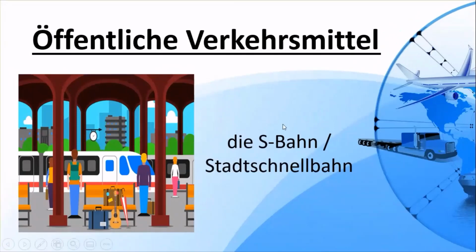Then there is another, die S-Bahn. Now, die S-Bahn is the shortened form of die Stadtschnellbahn. Again a compound noun and a longer noun which can be remembered like this.